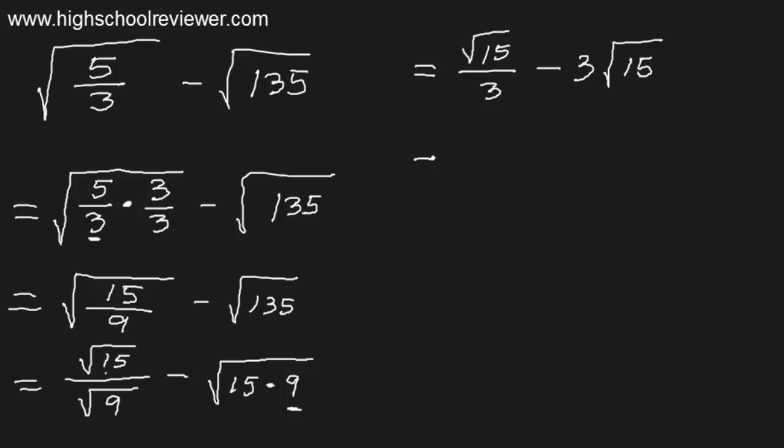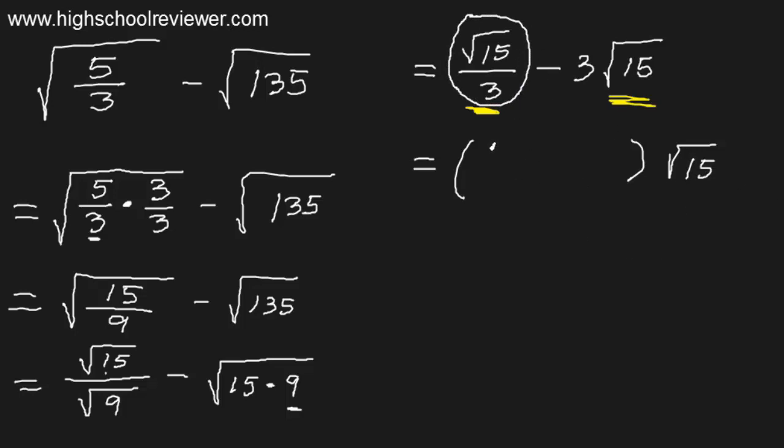Since square root of 15 is present on the two expressions, we can factor this out. So what we will have here, we will have two expressions, and this will be multiplied by square root of 15. So square root of 15 all over 3 divided by the square root of 15.